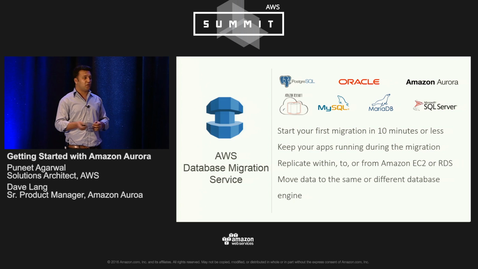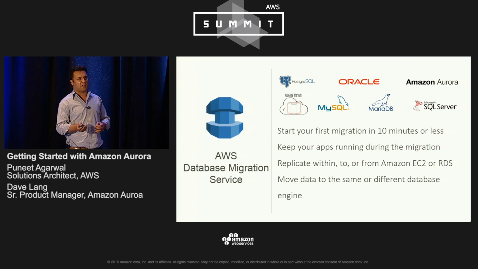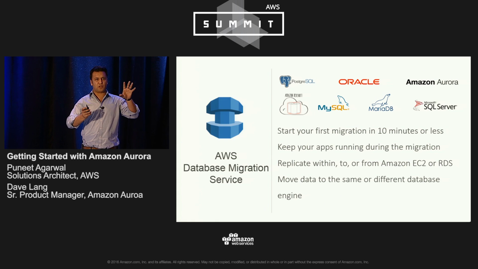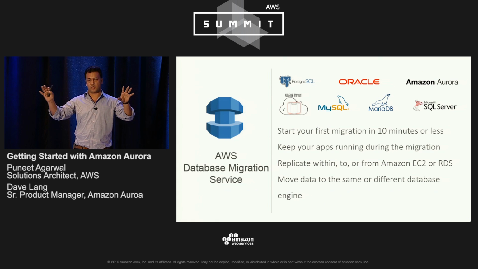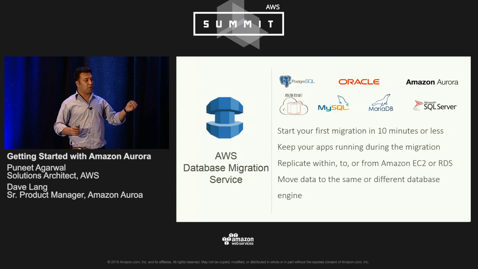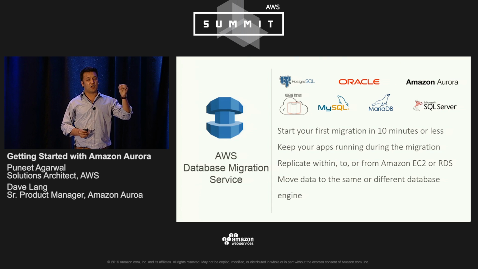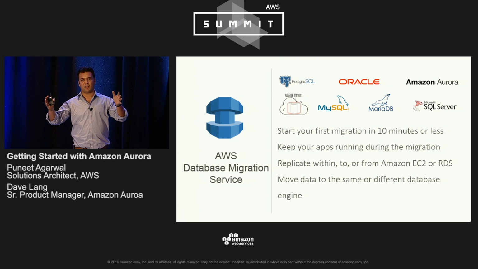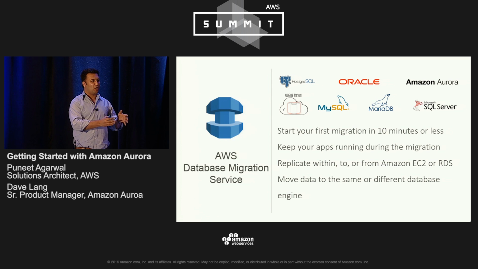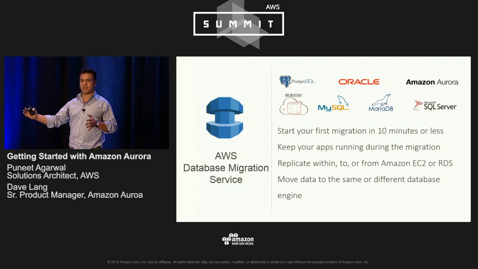So with this service, you can start your first migration in less than 10 minutes. The service will connect to your source database. It will connect to your target database. It will do one-time data copy, but it will also do continuous replication from your source database to the target database. And that means you don't really have to take a downtime on your source database while your data is getting moved to the target database, right?